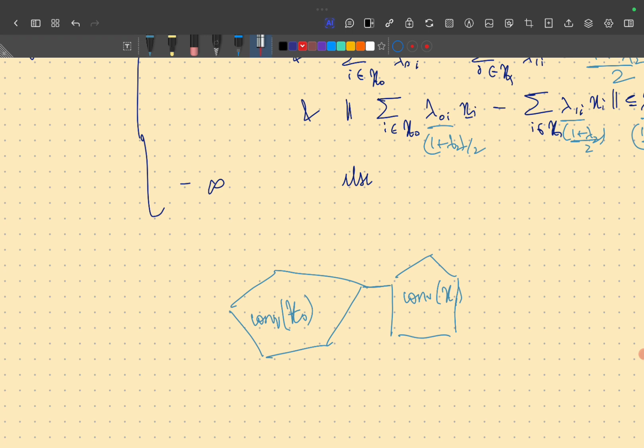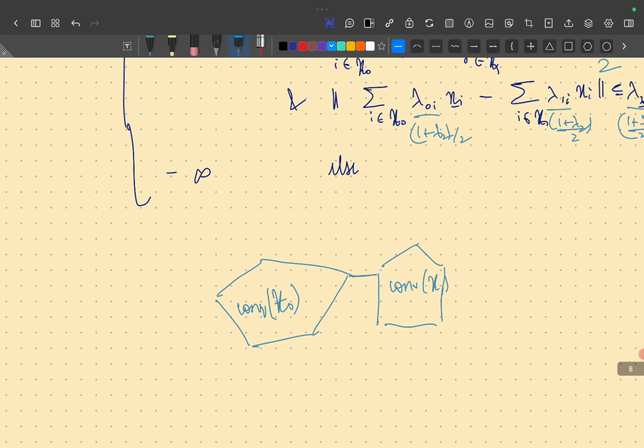So geometrically, the solution you end up with corresponds to a hyperplane that passes through exactly the midpoint of the line that joins the two closest points in the convex hulls. In fact, this will be perpendicular to this particular line that separates the two convex hulls.